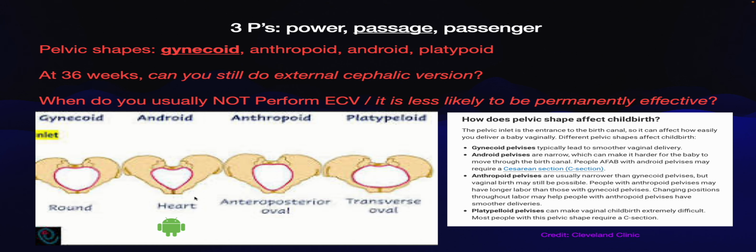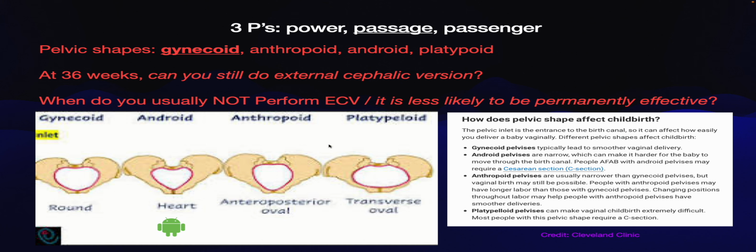Android, it's heart-shaped, which is lovely, but it's a little bit more narrow in the pelvic inlet. So this can cause problems, make it harder for the baby to progress through the canal, oftentimes resulting in cesarean sections.